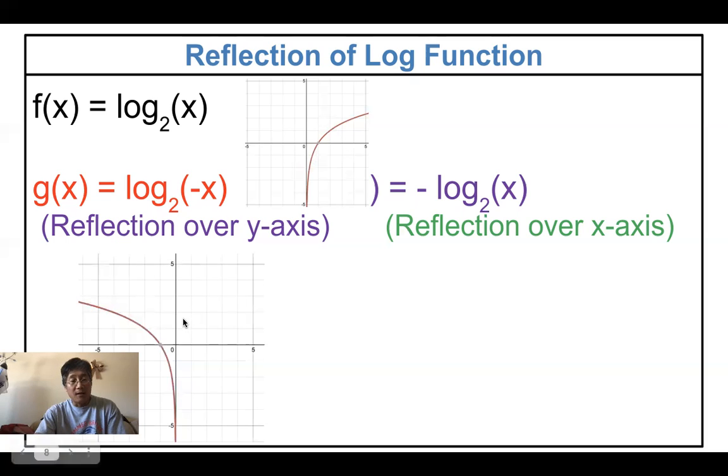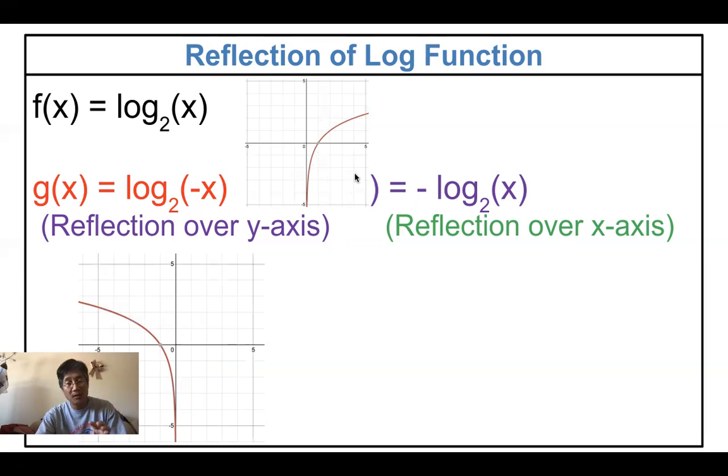How about this one now? Every value here, negative here, when x was on this side, it goes here. Everything crossed over the y-axis. But now for this one, when you reflect over the x-axis, you multiply by a negative. So the sign of the y value changes.